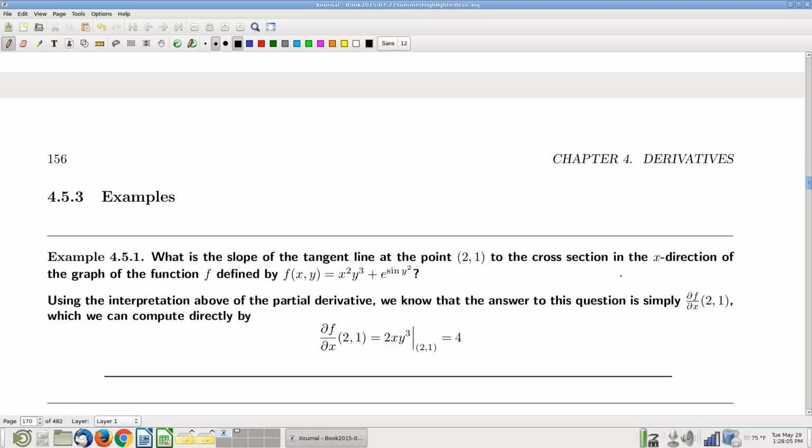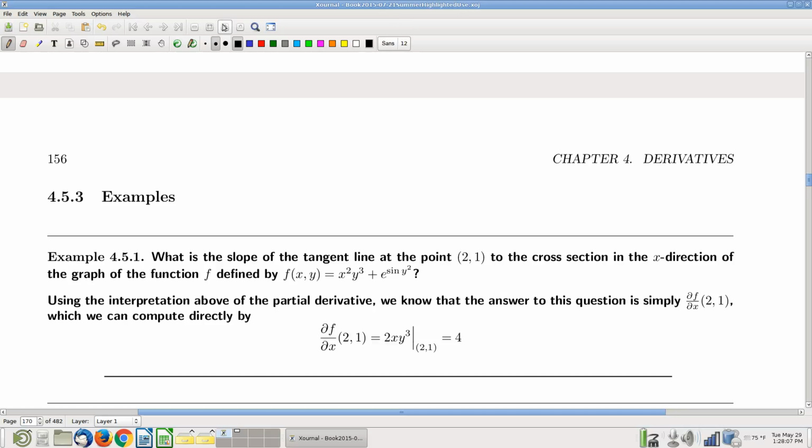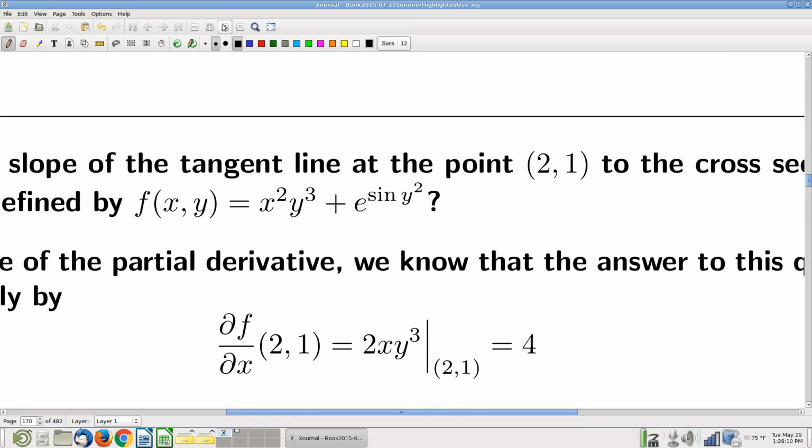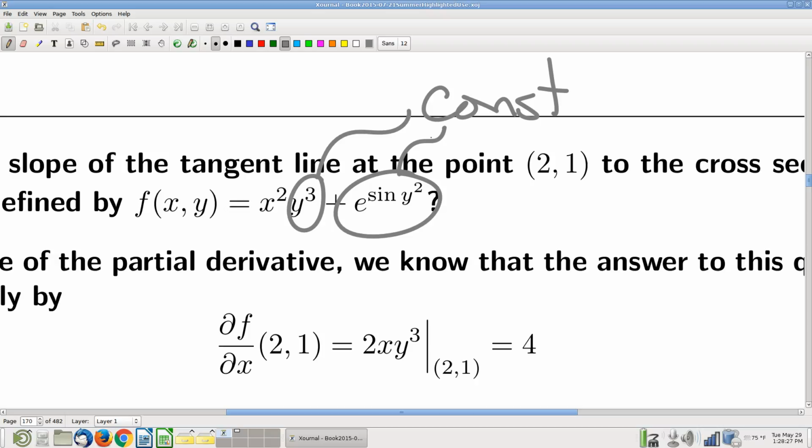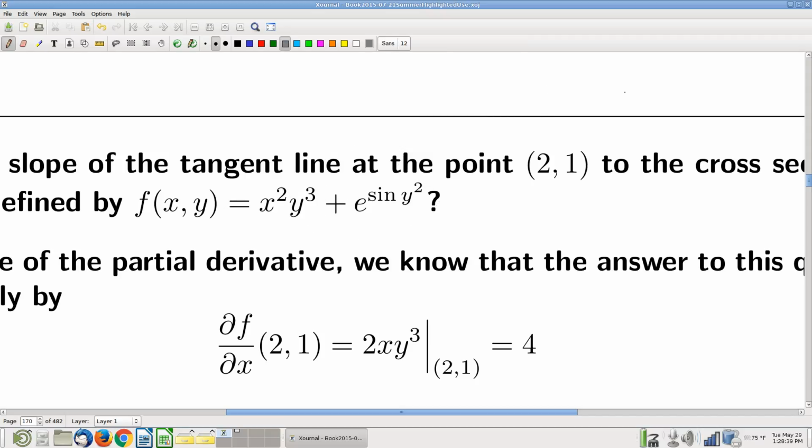Okay, and let me zoom. This expression, ugly though it looks, x is the only actual variable. We treat y as a constant. This entire term here, e to the power of sine of y squared, there's no x's in it. Therefore, this whole term is constant, and the derivative is super easy to compute. Okay. Everybody all right?